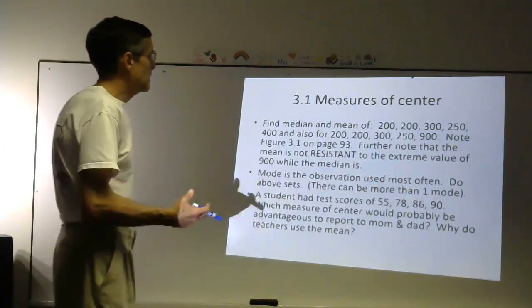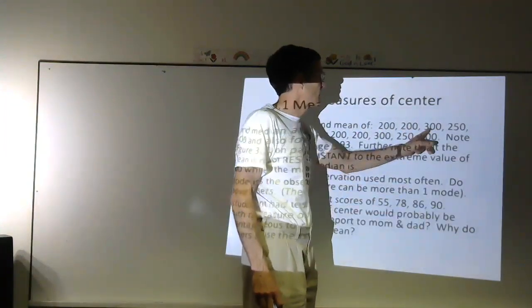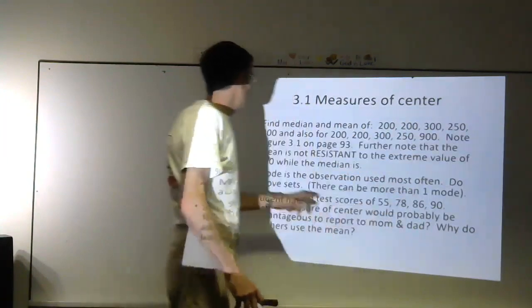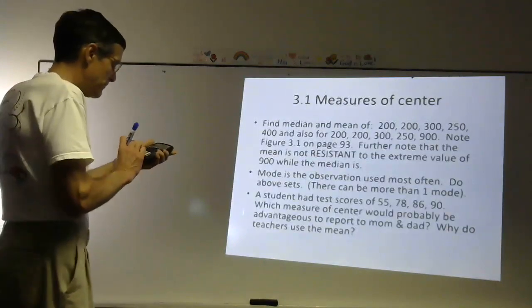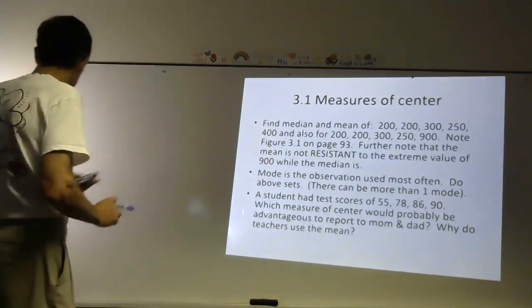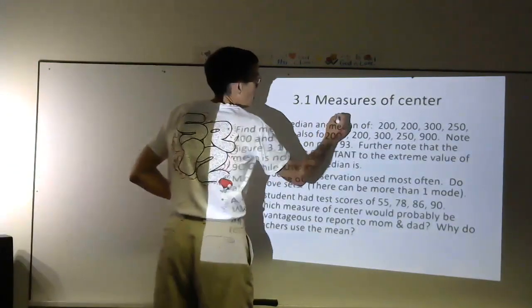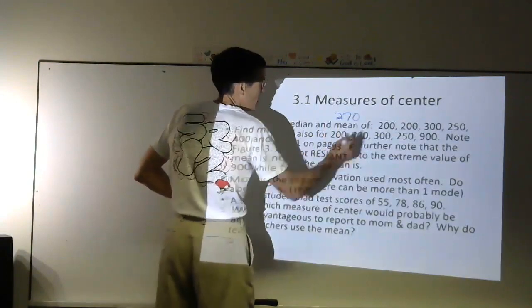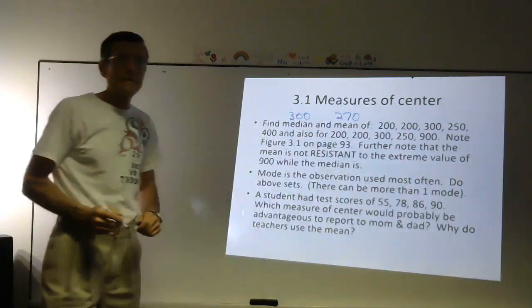And the mean, if you want to add these up, that's 700, 950, 1350, divided by 5. The mean is 270 in the first group. So the mean is 270, and the median we said was 300, right?